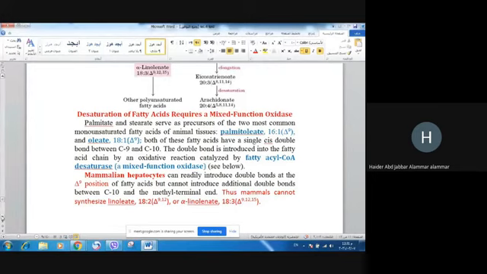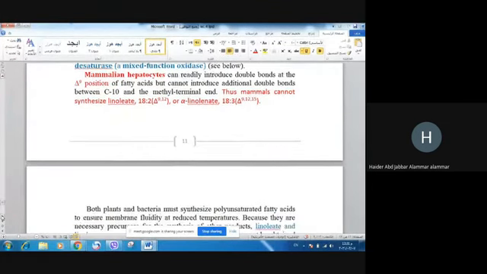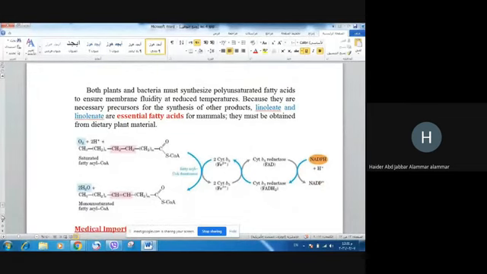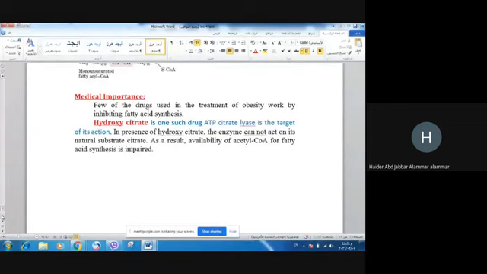So thus mammals cannot synthesize linoleate 18 with 2 double bond or alpha linolenate with 3 double bond. فقط هاي as information true false MCQ you should know. And this is a process of desaturation وأن حقيقة فقط for observation.